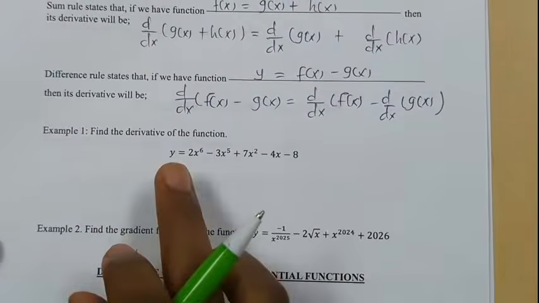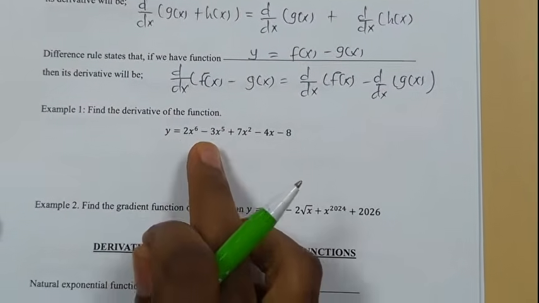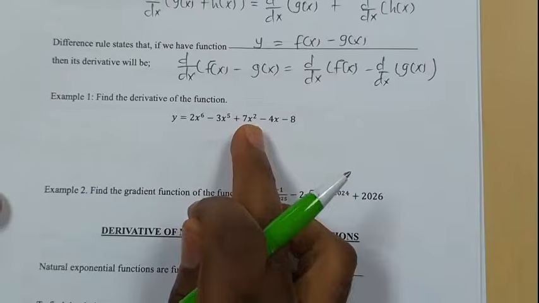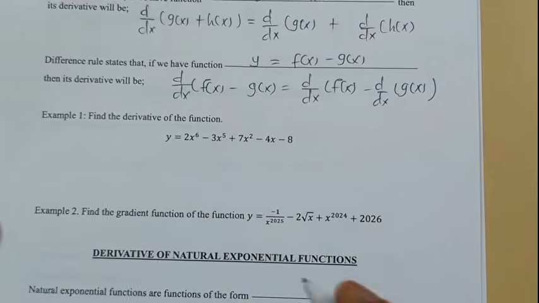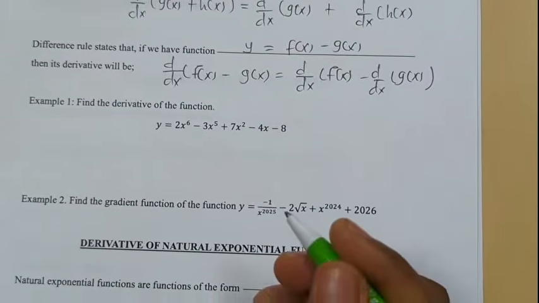So for instance, we have a function y is equal to 2x exponent 6 minus 3x exponent 5 plus 7x squared minus 4x minus 8. And we have to find the derivative of this function.